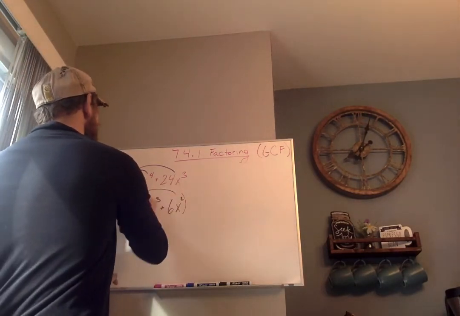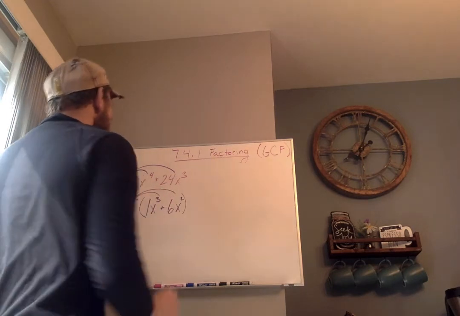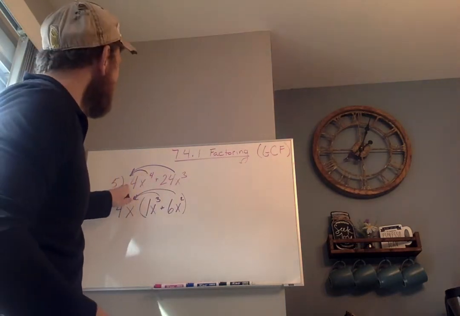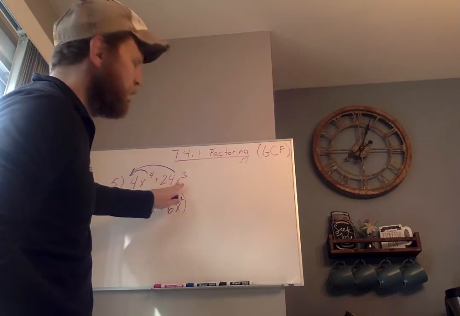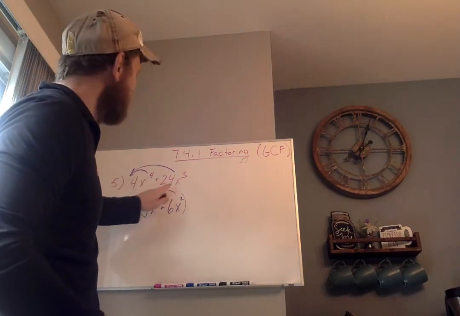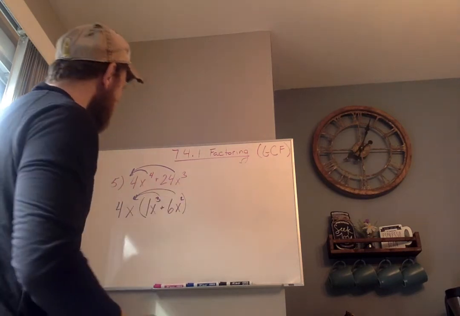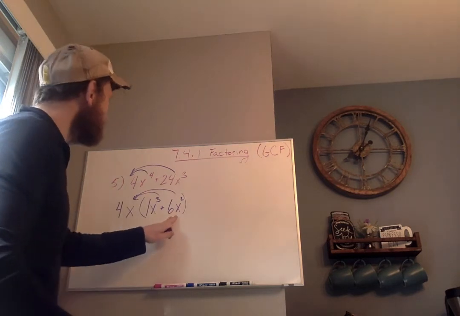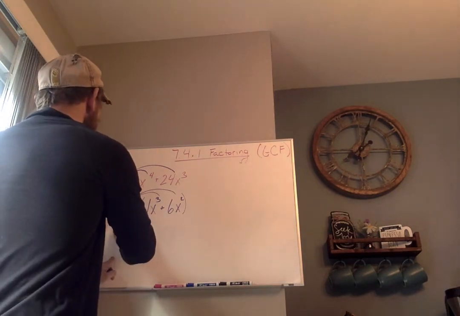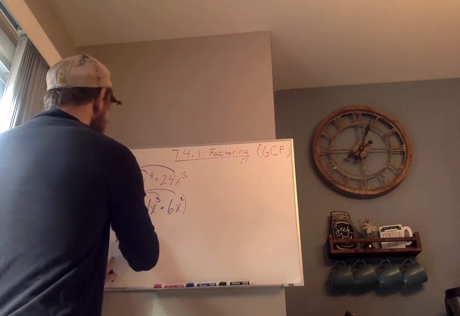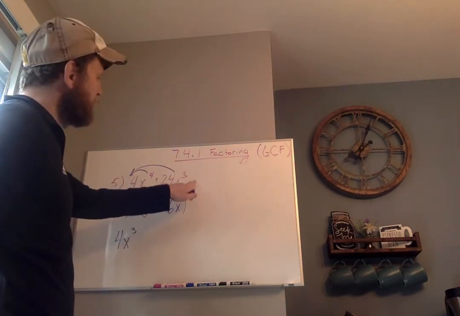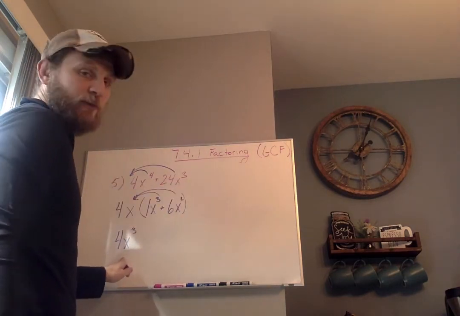So hopefully when you're up here you can see, all right, when they both share the same variable, you pull out the smaller of the variables. So here I could pull out 2 more x's, so my answer would be 4x cubed. Notice I'm pulling out the smaller, okay, 4x cubed.